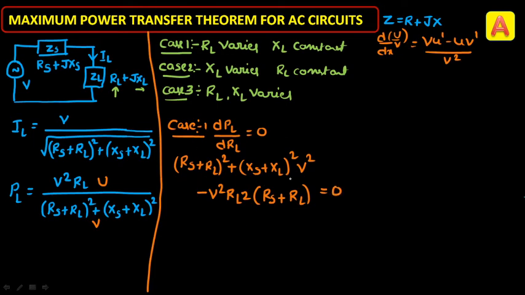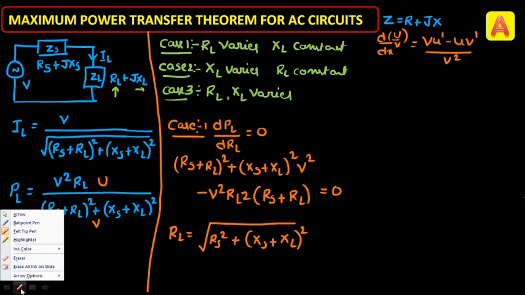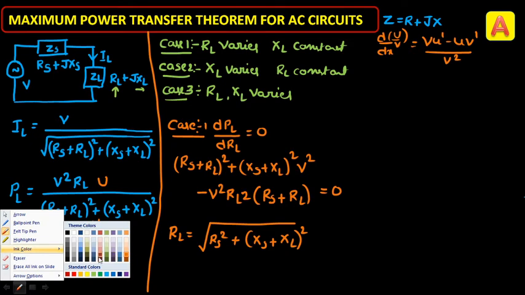After simplifying this entire equation, we get the load resistance RL is equal to root of RS square plus (XS plus XL) whole square.